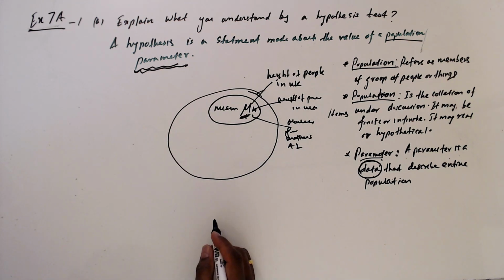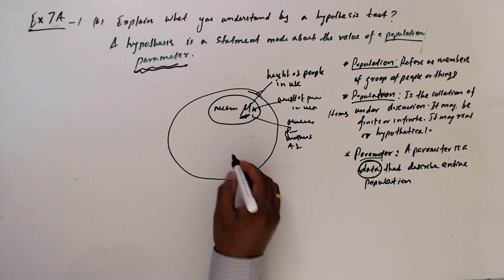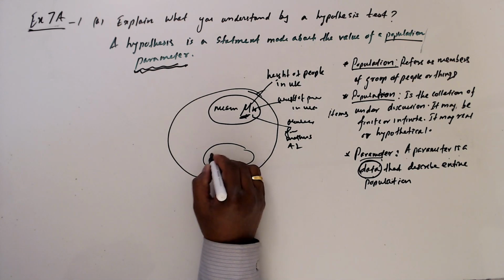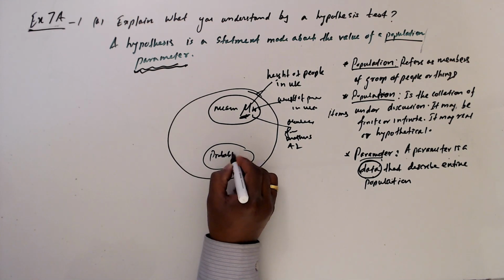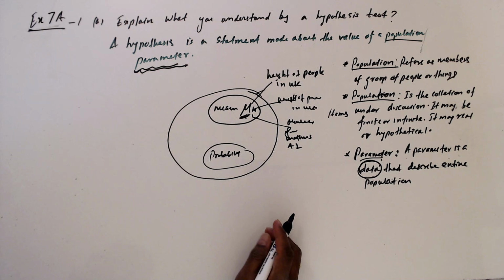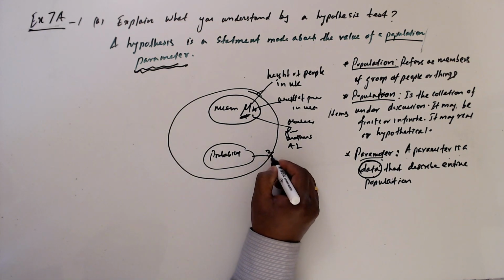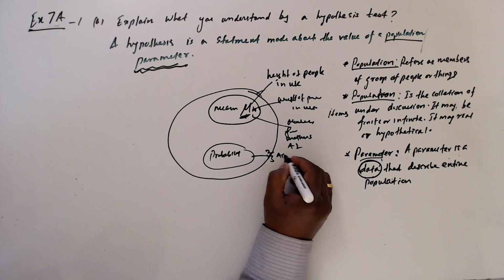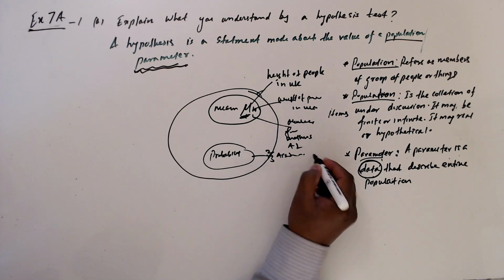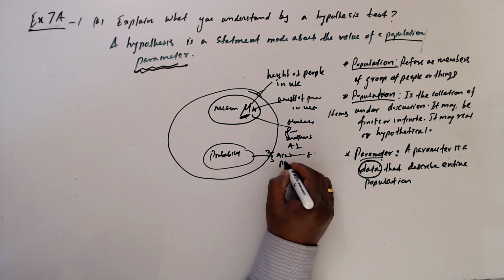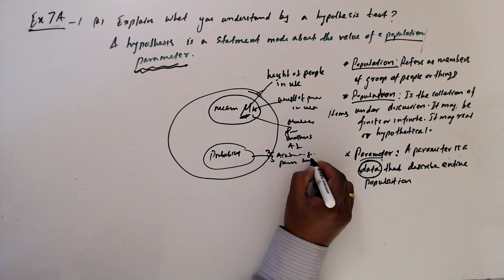Likewise, another parameter could be a probability. We can say 2/3 of A-level students pass the maths paper.